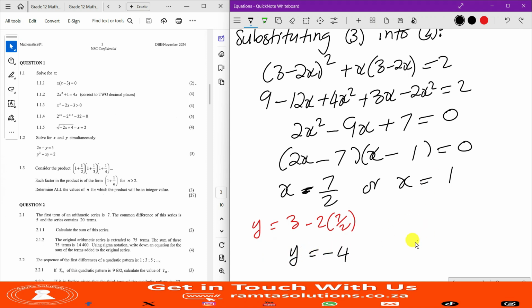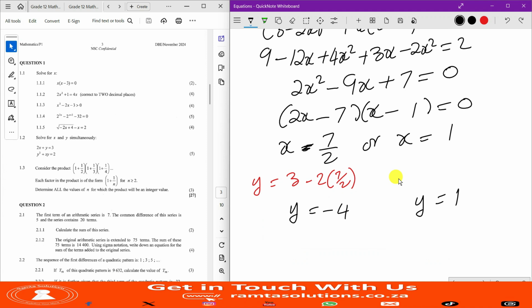Doing the same here, your answer will be 3 minus 2 times 1, which is 1. And this is how you solve this question. These are your answers. By the way, guys, if you struggle to factorize such, please head to the quadratic formula to get your values there. Okay, good.